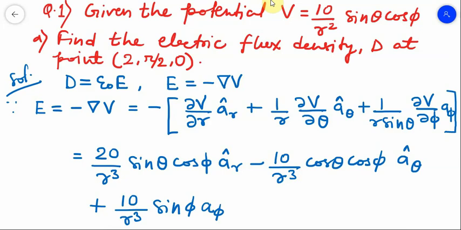The sine theta cancels, as it has only been differentiated with respect to phi. So this is your E, the electric field intensity.